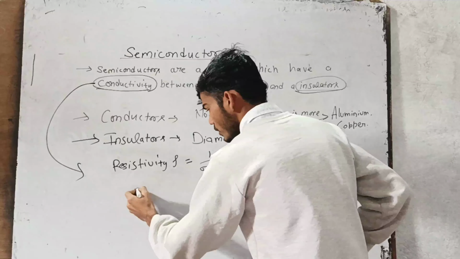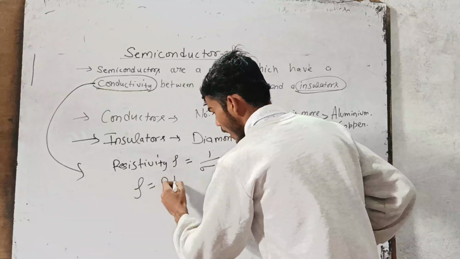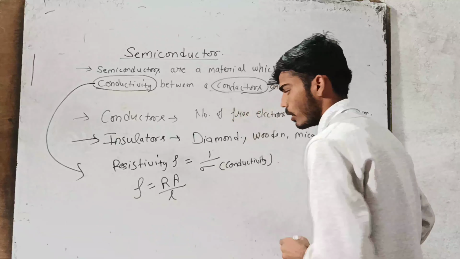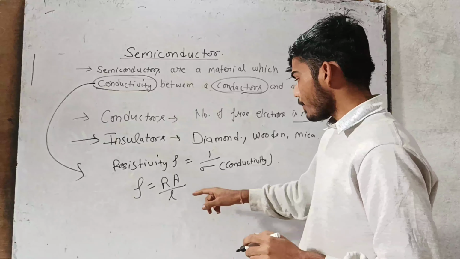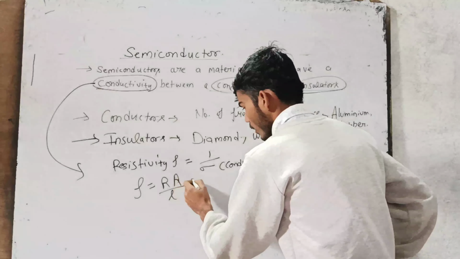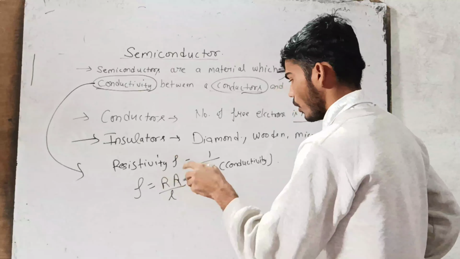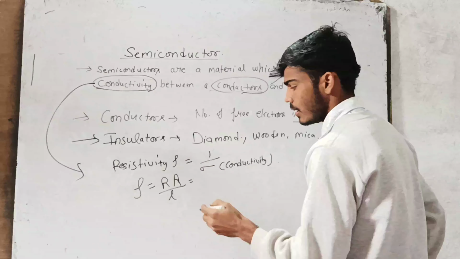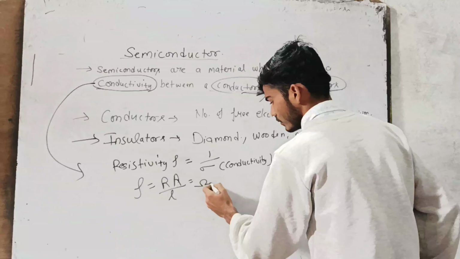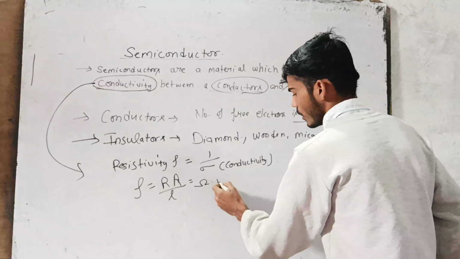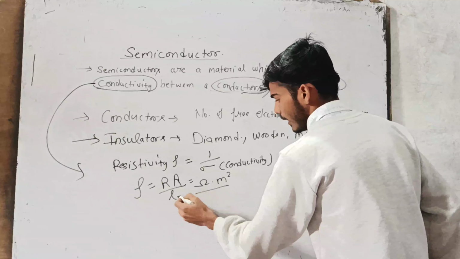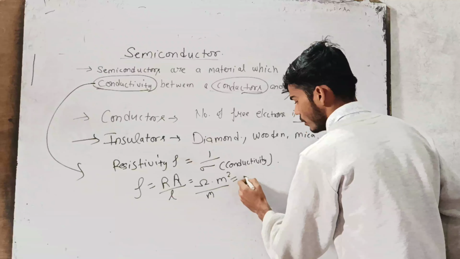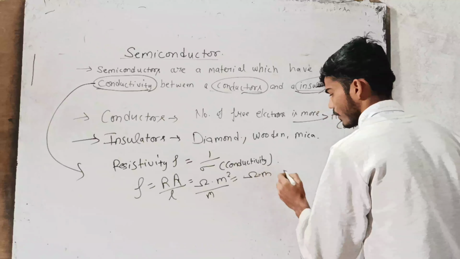What is the formula of resistivity? The formula of resistivity is RA by L. Now we see the unit of this rho. Here R is resistance, its unit is ohm. A is area, meter square. L is length, meter. So its unit will be ohm meter.